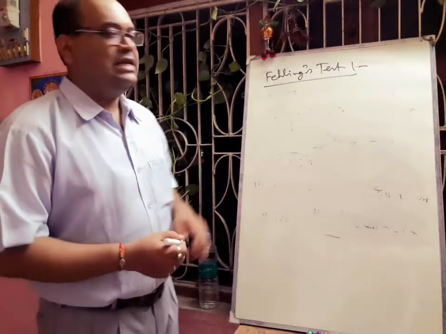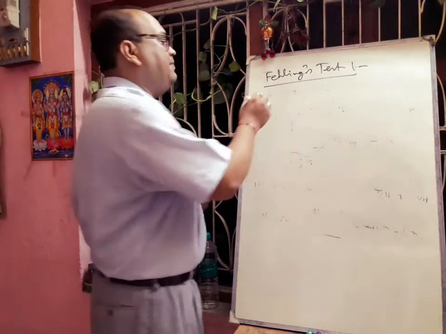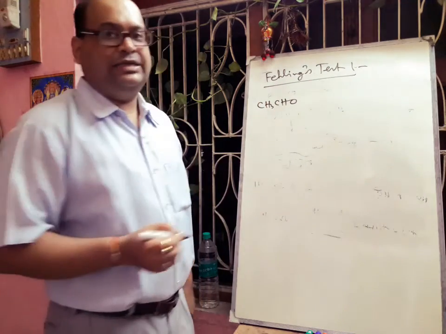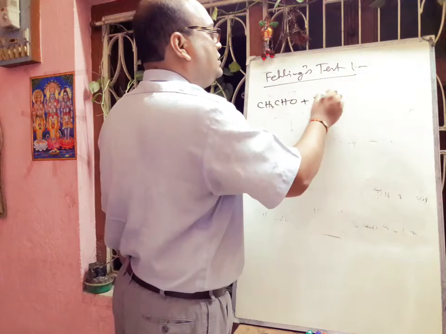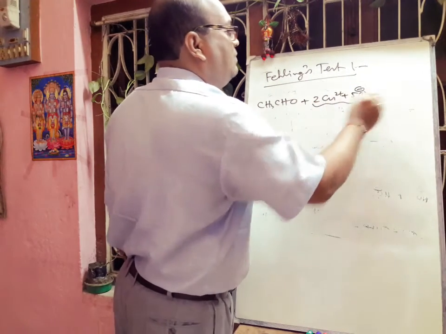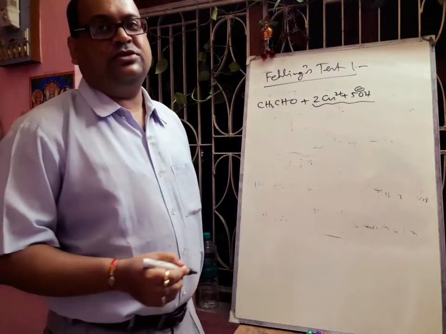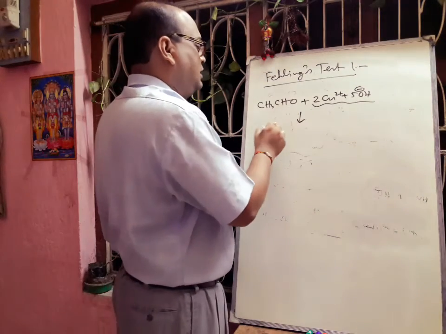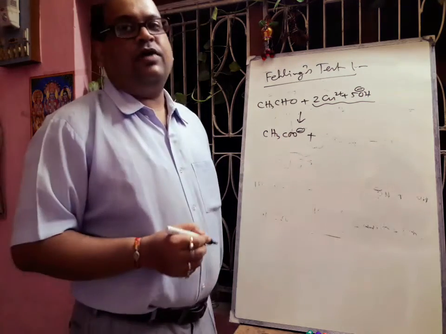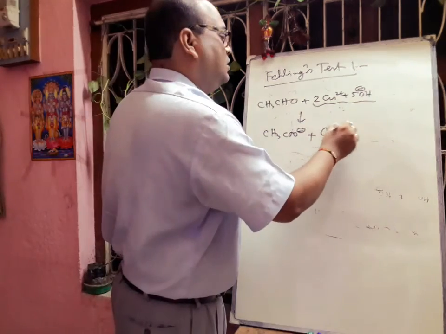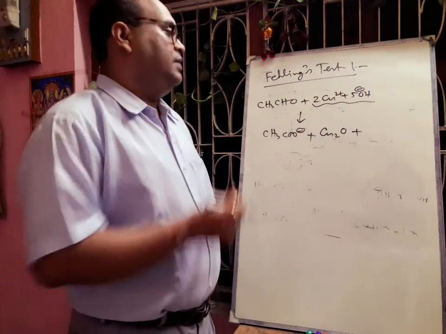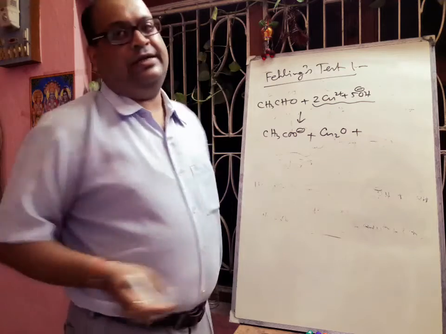Now what will be the reaction? In this case the reaction is the same, the aldehyde will convert into acid, and here the reagent is twice Cu2+ and 5OH-, and this is the Fehling's reagent, or Fehling solution. It will form CH3COO- plus Cu2O, that is cuprous oxide.